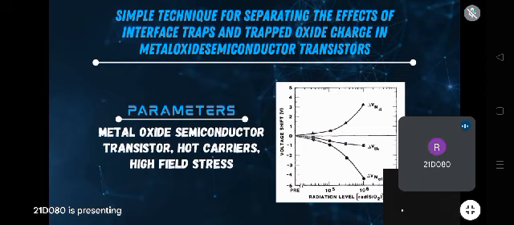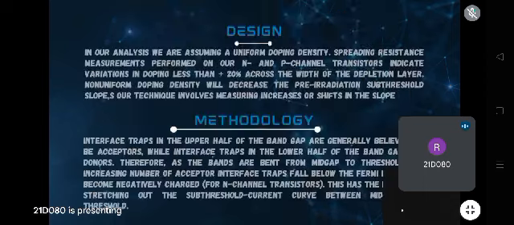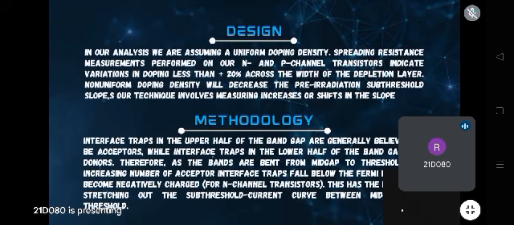The parameters of metal oxide are on our analysis via uniform doping intensity, a spreading resistance measurement is performed on P channel and N channel transistors, which indicate variations in doping less than plus or minus 20%, which includes the pre-irradiation subthreshold slope, and the technique which involves measuring increases or shifts in the slope.